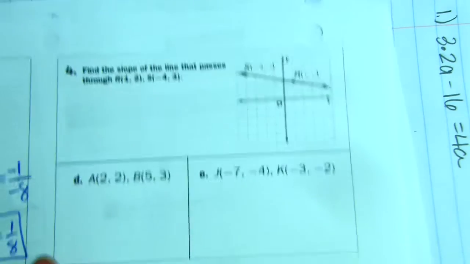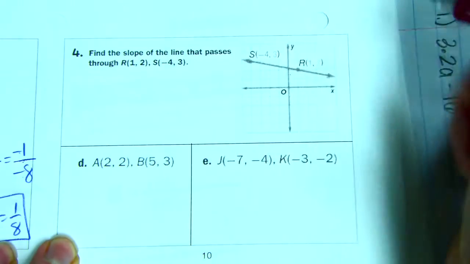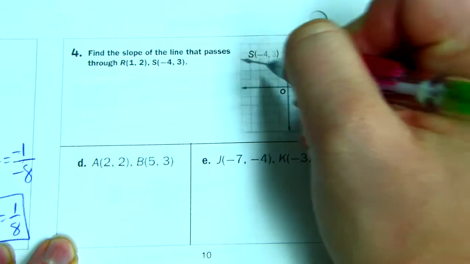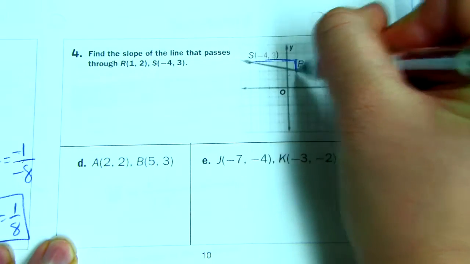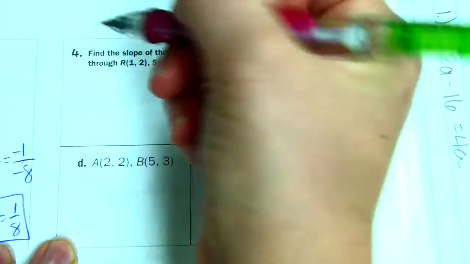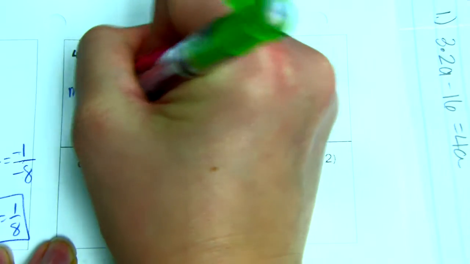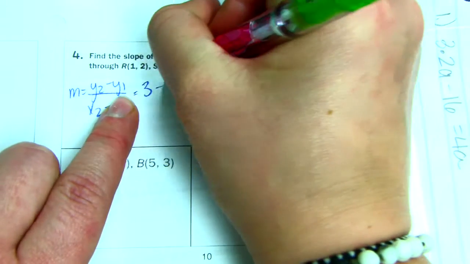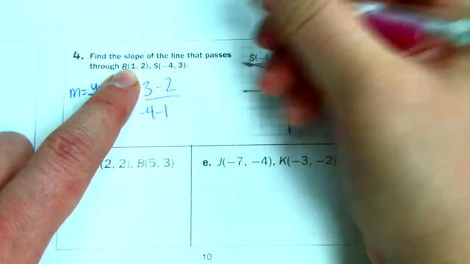A couple other ones here. Here you could draw a triangle, or you can use our formula. So you can do both. It's kind of hard to see that point though. So this is a negative slope, so let's make sure we get a negative answer. M is equal to y2 minus y1 over x2 minus x1. y2 is 3, y1 is 2, x2 is negative 4, x1 is 1.